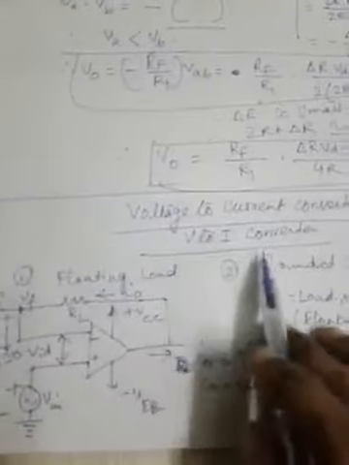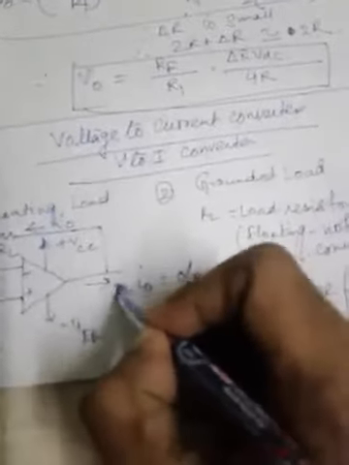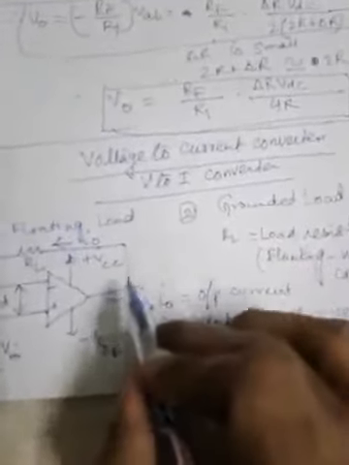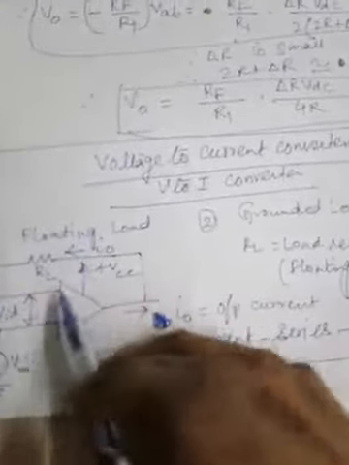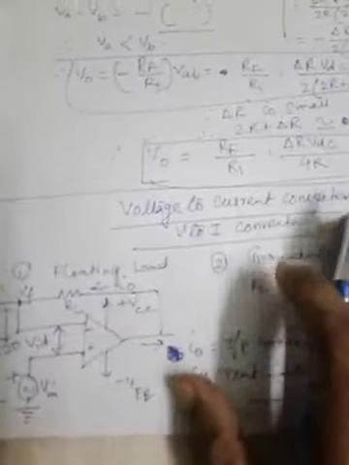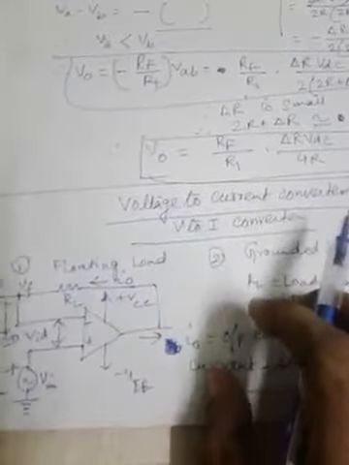Since it is a V to I converter, voltage to current converter, the output will be a current, and that current is taken through the feedback path and tapped from the output. So current is tapped and connected in series with the input. Therefore it is current series negative feedback, and that is being used here.